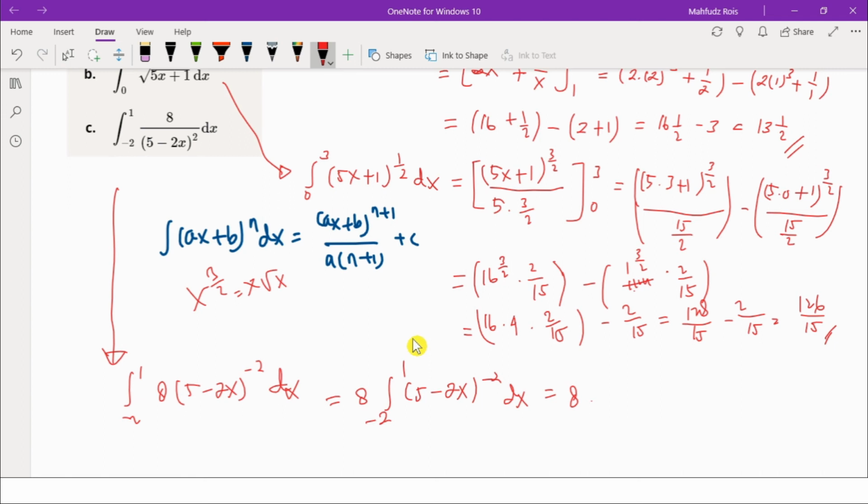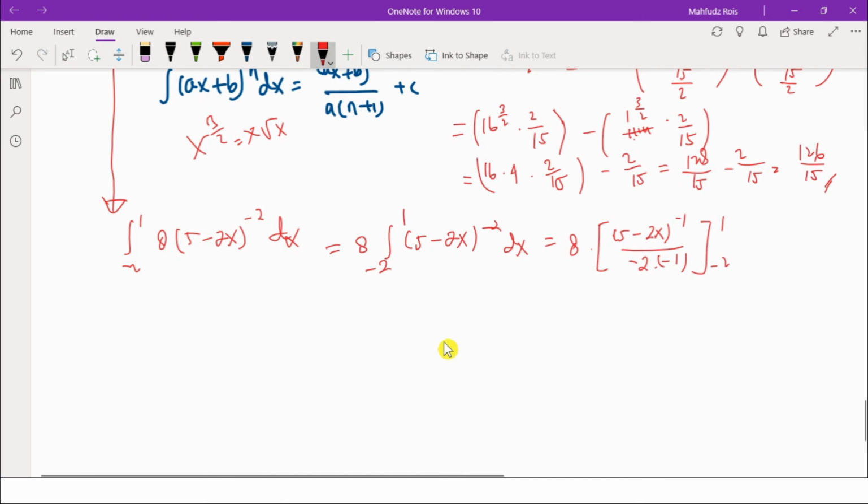All right, so it will be 5 minus 2x to the minus 1, over minus 2 times minus 1, from minus 2 to 1.